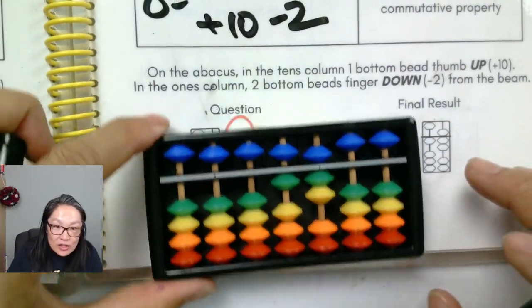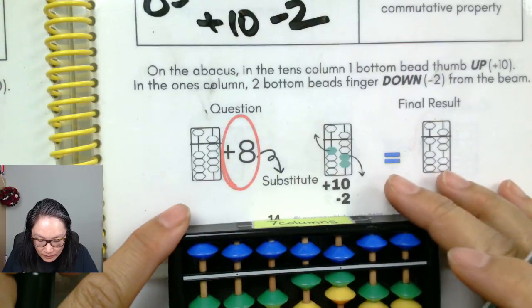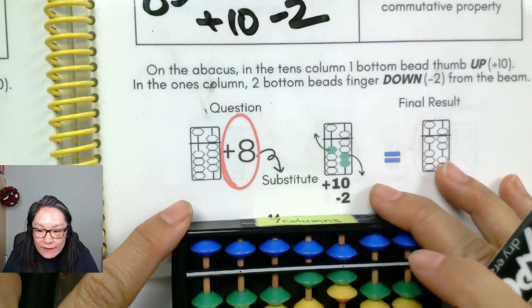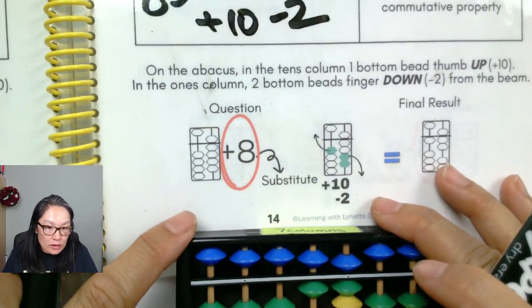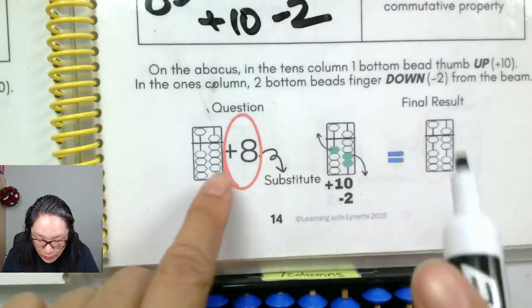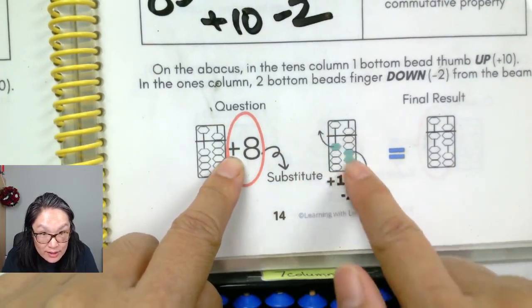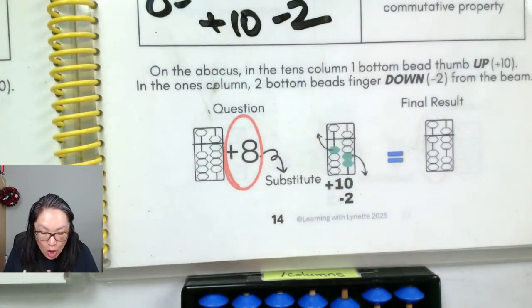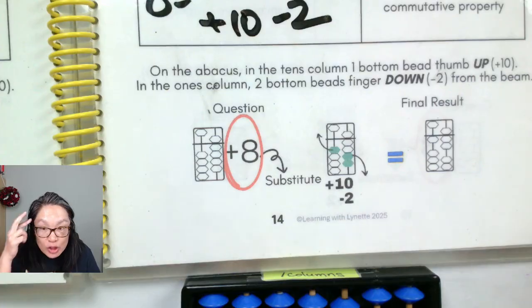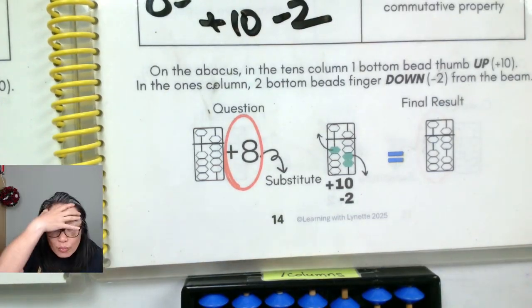Yeah. So I try to explain it through this way, through a simple yet effective question, right? So what I was trying to do is I was trying to explain how to do this. When I want to add the 8, I need to substitute this information. When I substitute it, this is how I do it on the abacus. So all we're doing is we're moving the abacus, but in your mind, in your head, you have this information. So our brain is the calculator.